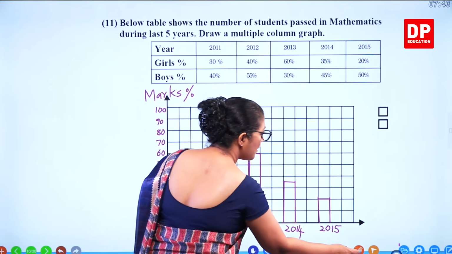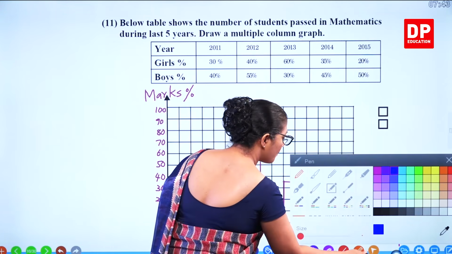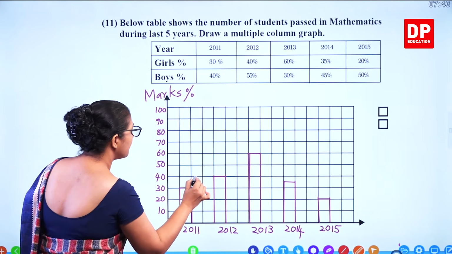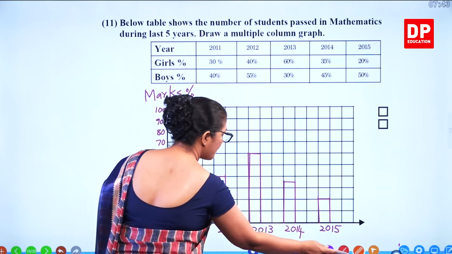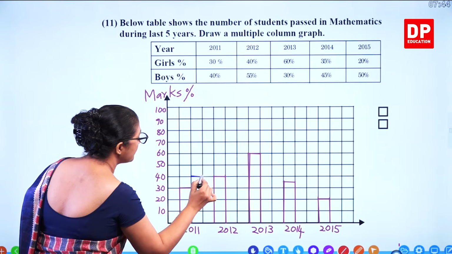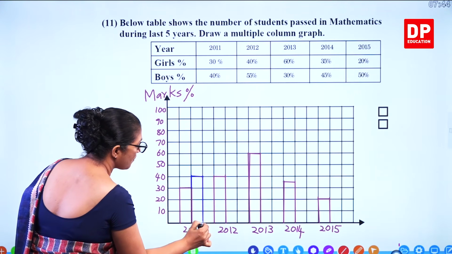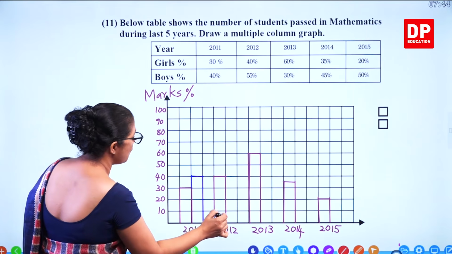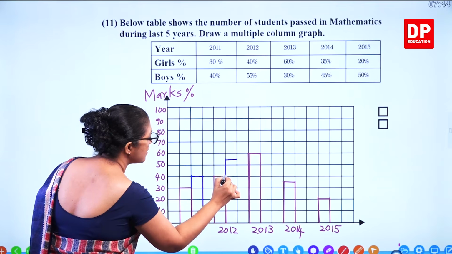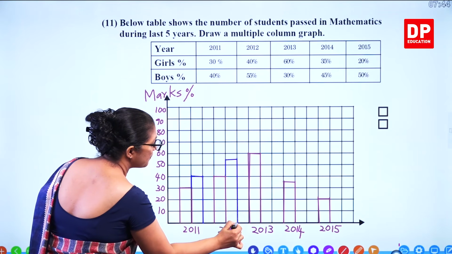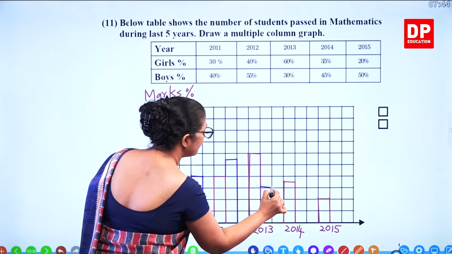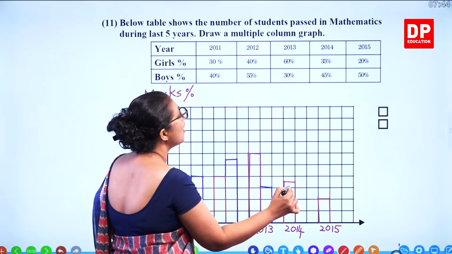Now we'll mark the other one. Marks for boys, 40%. 40% here. 55. 55 is in between 50 and 60. 30%. 45.